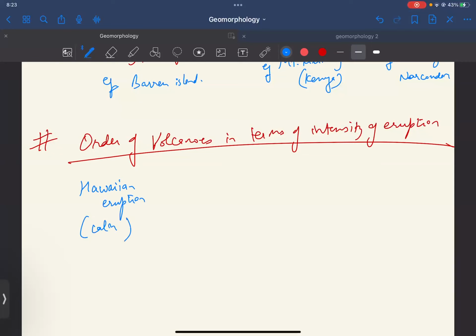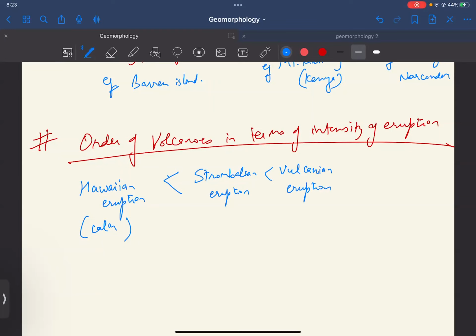Then we have Strombolian type eruptions. Over here intensity increases a bit. Then we have Vulcanian type of eruption. Again, intensity increases.